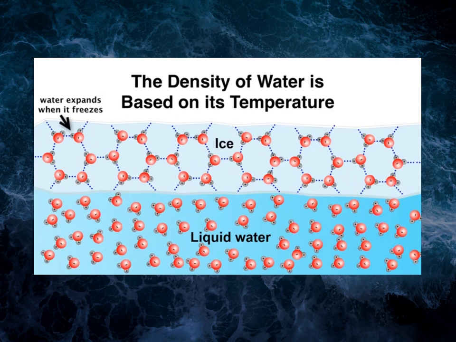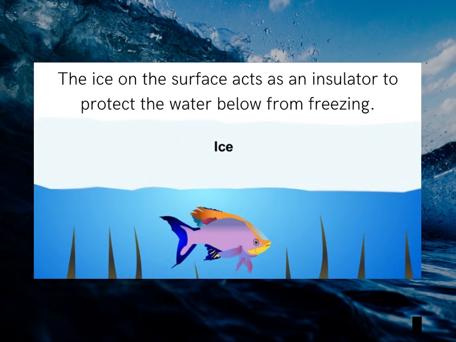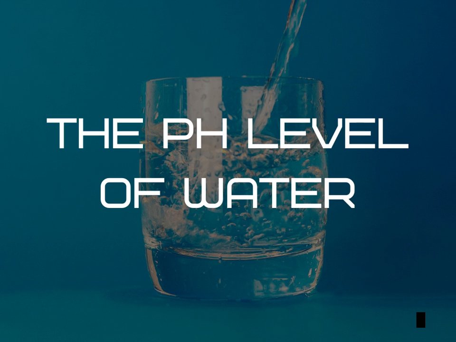If ice were denser than liquid water, it would sink, and ponds and lakes would freeze solid, making life there impossible. Instead, bodies of water freeze from the top down. The ice on the surface acts as an insulator to protect the water below from freezing. This helps aquatic organisms survive in winter.